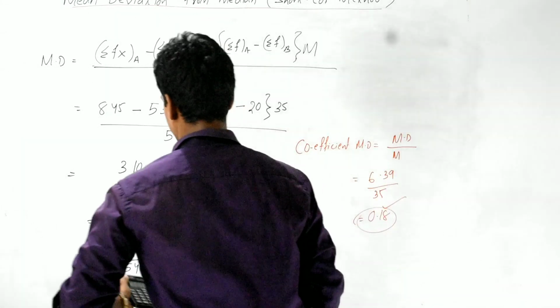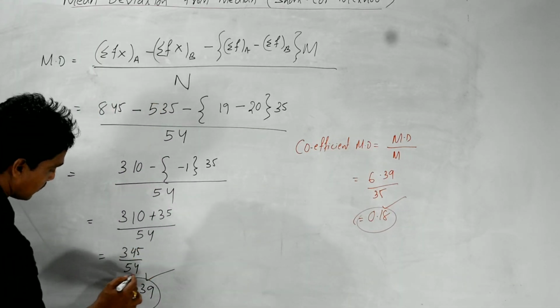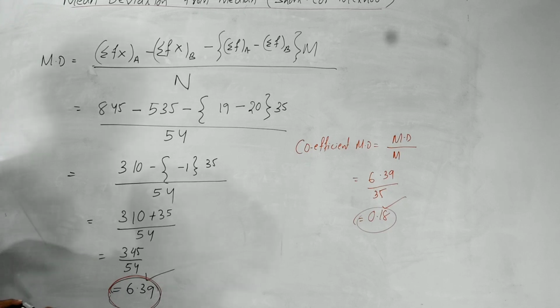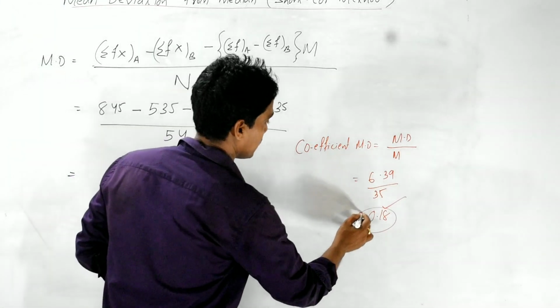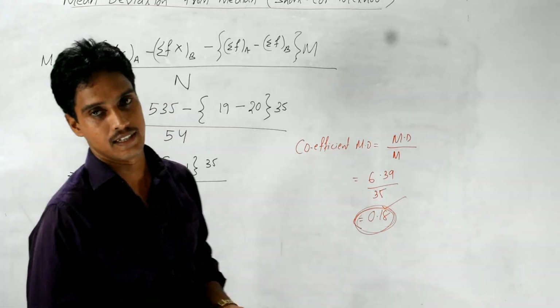So our mean deviation of the series under shortcut method is 6.39 and coefficient of mean deviation is 0.18. Thank you.